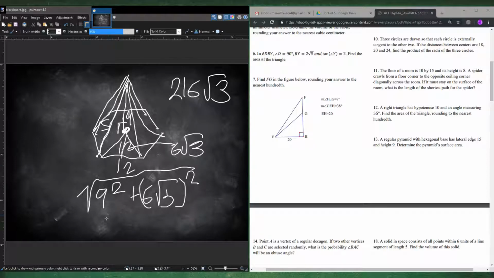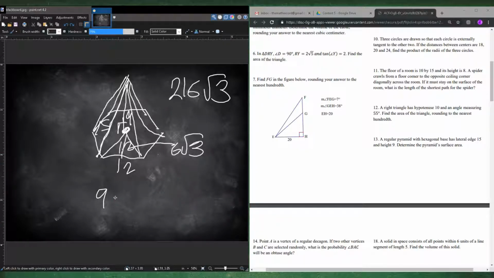So equal to square root 189, which factors out to 3 square root 21. So the height is 3 square root 21.